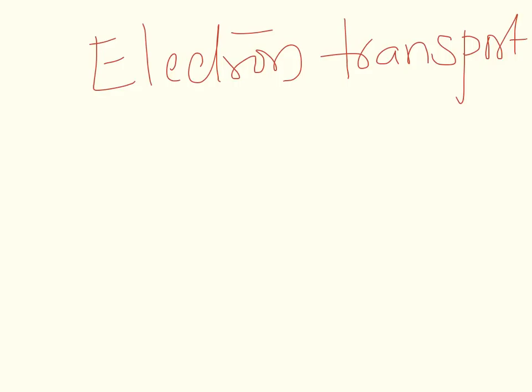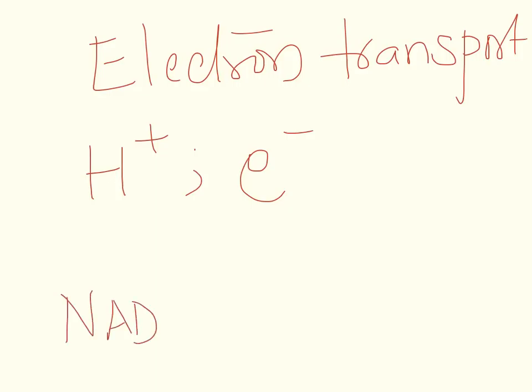In the electron transport, hydrogen ions and electrons from the oxidation of NADH and FADH2. So when NADH, this is the reduced form, FADH2, this is also the reduced form, get oxidized, hydrogen ions and electrons are formed.